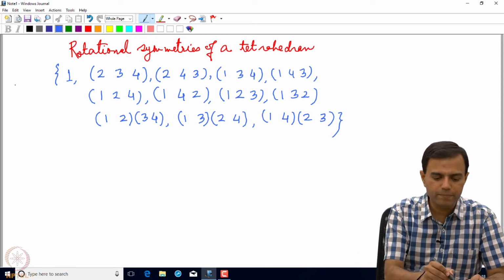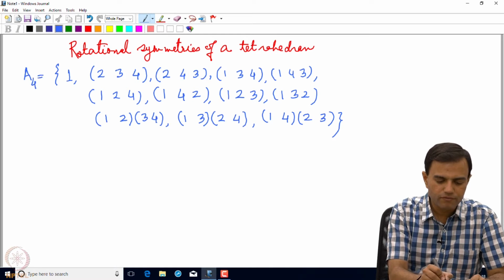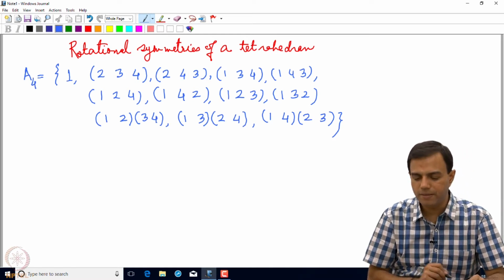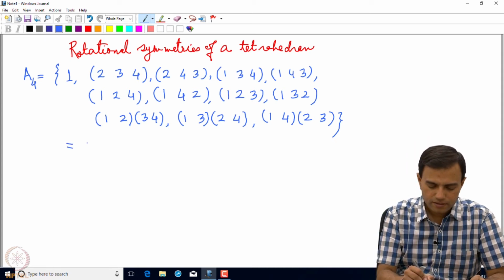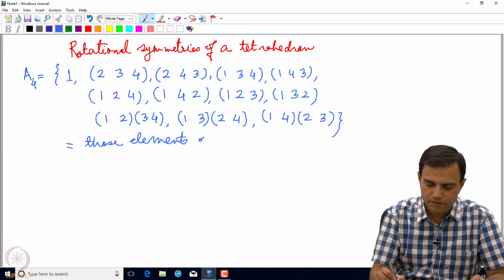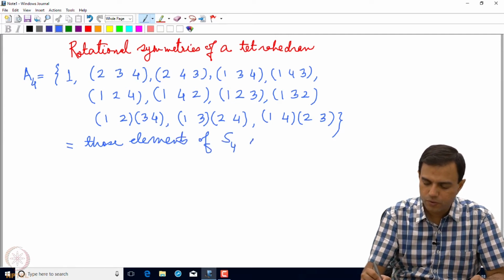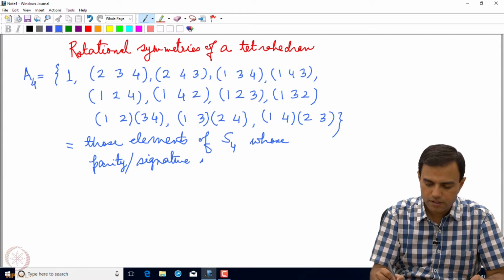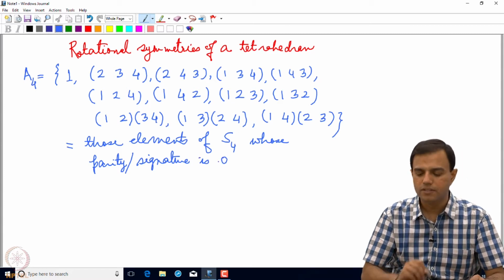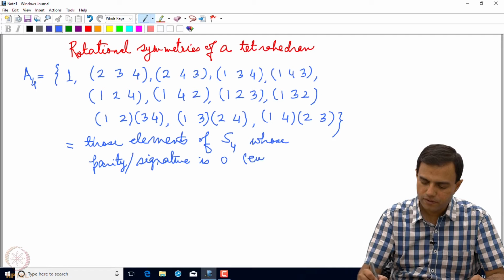And this group has a name, A4. Why do we give it this name? Because it so happens that these are precisely those elements of S4 whose parity, I used the word parity a couple of lectures ago, or I also use the word signature, is 0. 0 was for the even.